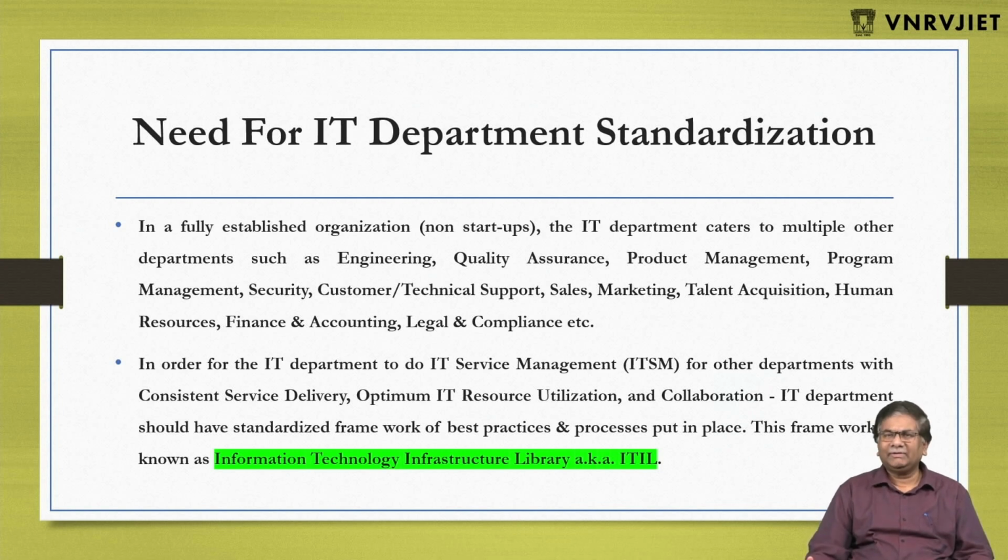Earlier there used to be one team called human resources, but the current trend is two teams under the same people management umbrella. Talent acquisition does the recruiting, while human resources takes care of employees in the company. Then finance, accounting, legal, and many more teams.